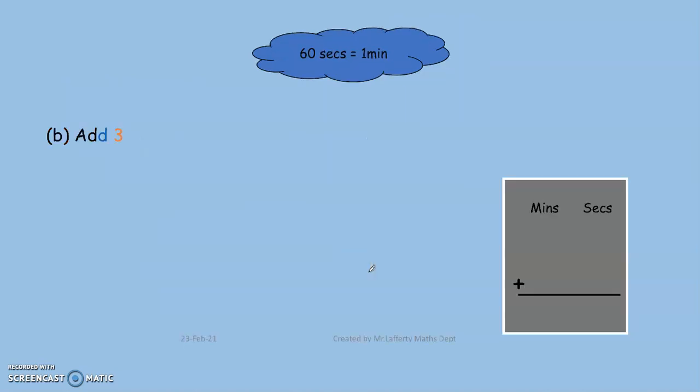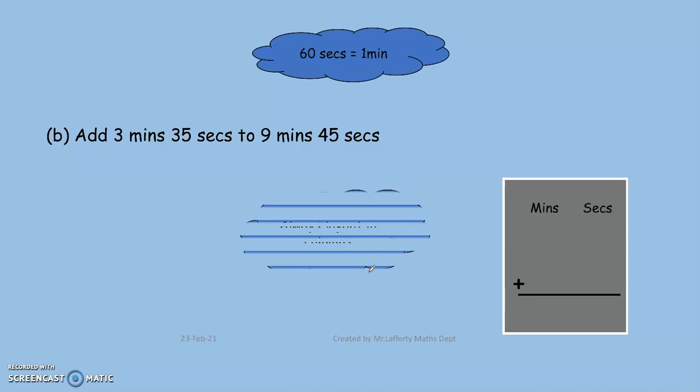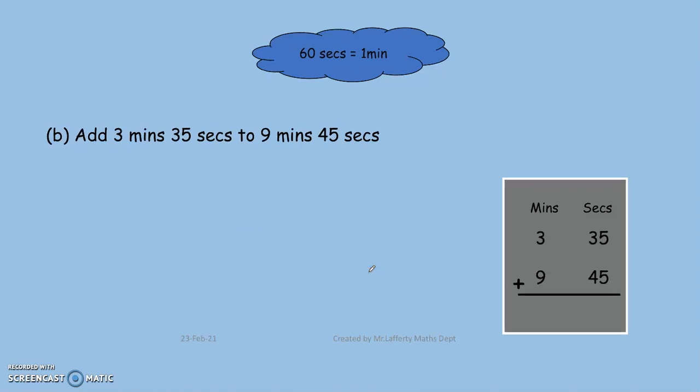Okay. Right, our second example, I want you to add 3 minutes and 35 seconds and 9 minutes and 45 seconds. So, if we lay out in our columns again, we have 3 minutes and 35 seconds, add 9 minutes and 45 seconds.